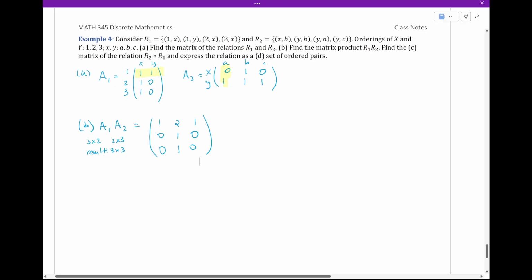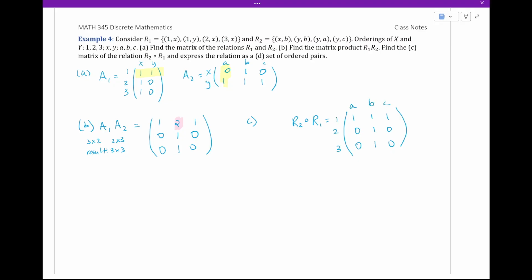All right, and so then in part C, we are looking at matrix B, which is the matrix of the relation R2 composed with R1. Maybe I'll just call it that. And that is going to be this matrix, but I'm going to replace that 2 with a 1. 1, 1, 1, 0, 1, 0, and 0, 1, 0. And I'm going to relabel, this is A, B, and C, and this is 1, 2, and 3.